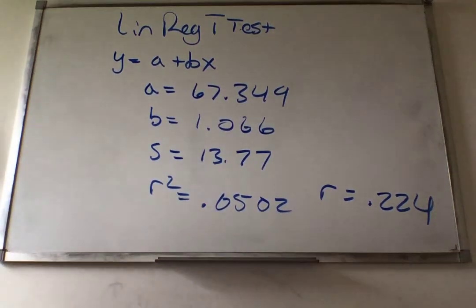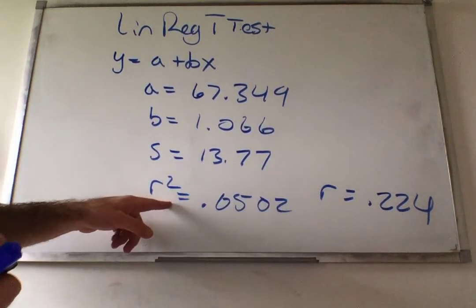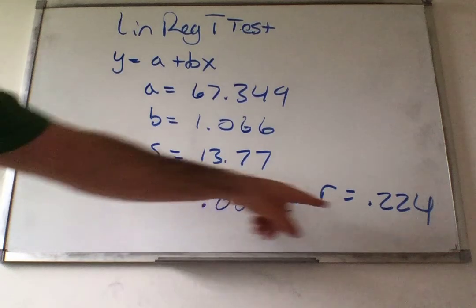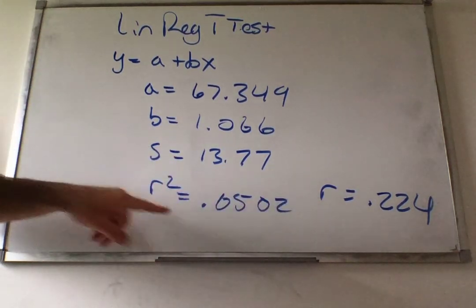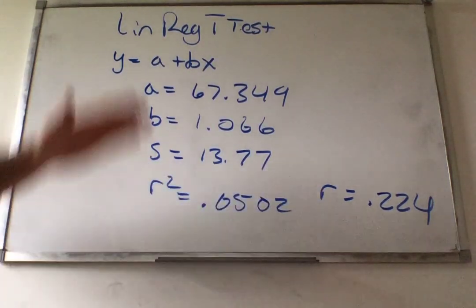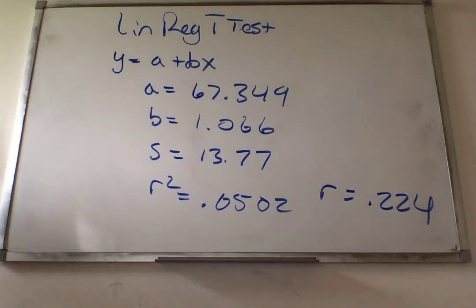If you want to get R squared, you know r, you literally just square it and you get this. So they give you two values. We're only going to need this one. So this is the information that we have for the second example.